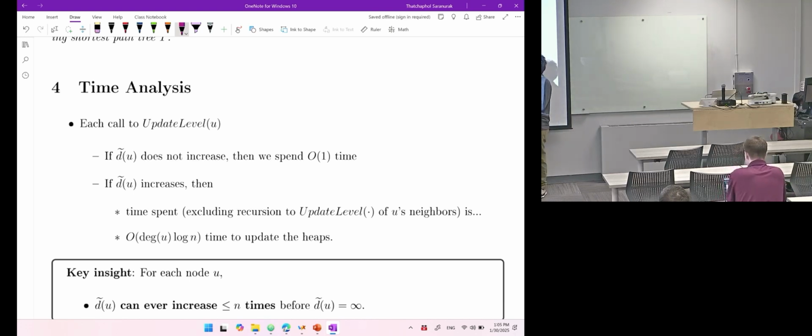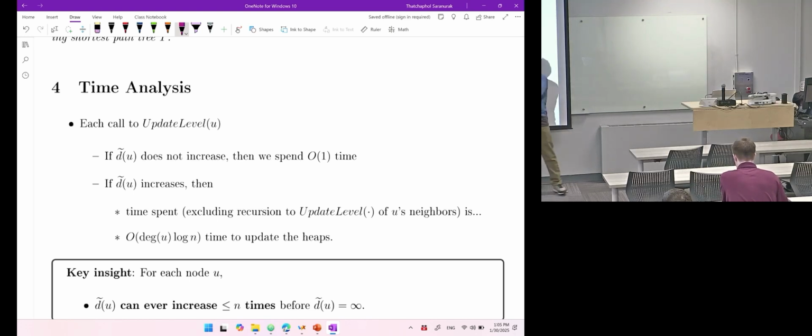To conclude, we either spend constant time or spend degree time, excluding the recursion.